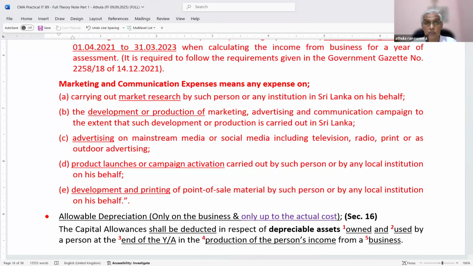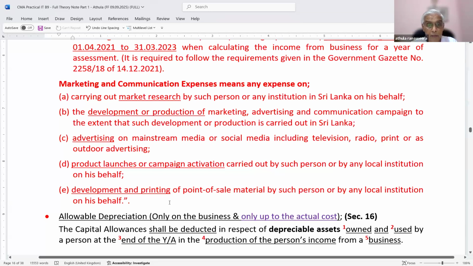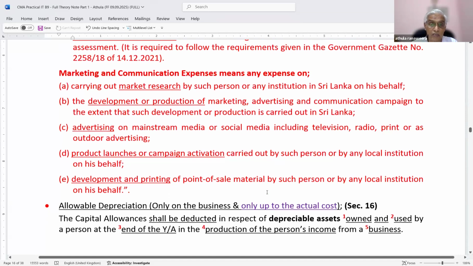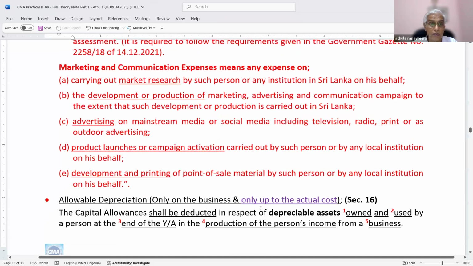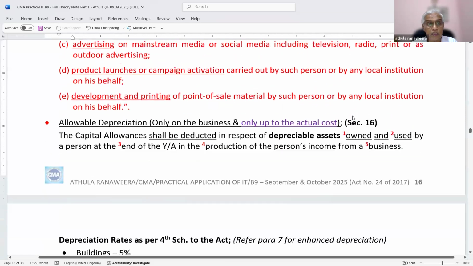Whenever you introduce a new product, you have to do a launch, which may be one time for that product. But campaign activities, every year you may be doing a campaign. Then it is allowable. Then development and printing of point of sale materials, that is very much important. That is also allowed.